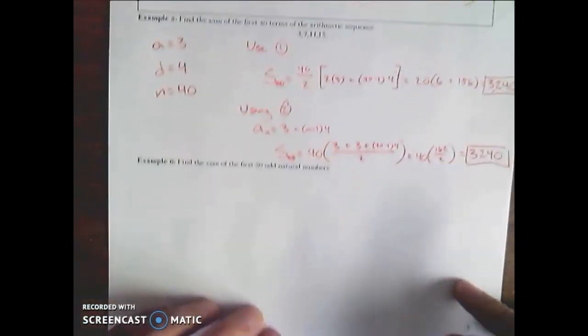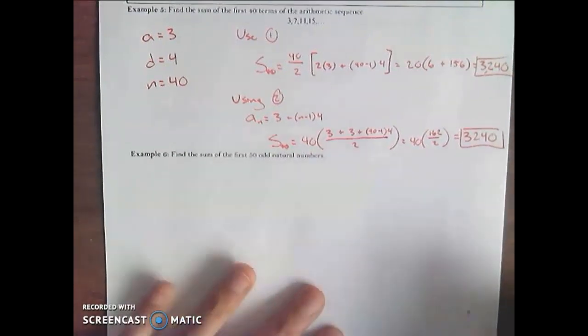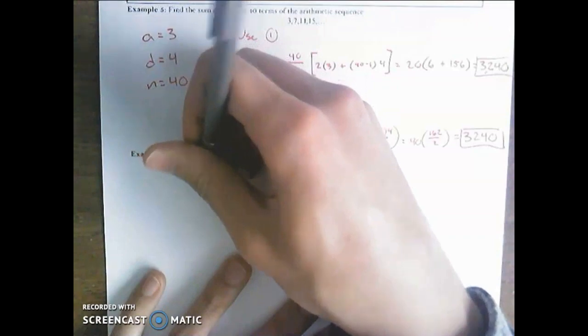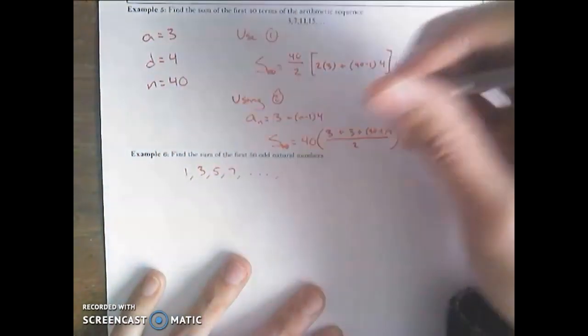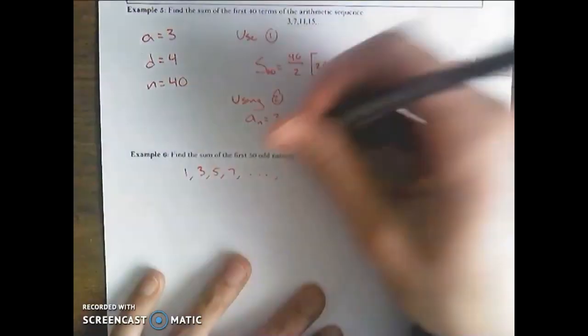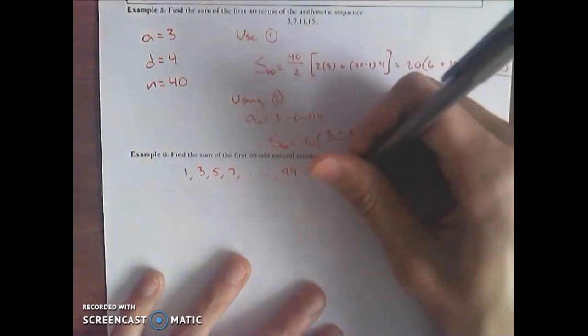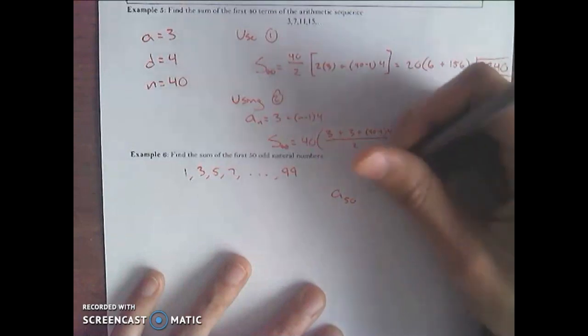Okay. Let's try example 6. Find the sum of the first 50 odd natural numbers. So writing out just a list, we've got 1, 3, 5, 7, 9, 11, 13, and so on. And the first 50 would be all the way up to 99. If you weren't sure how to get that, you can always find the 50th term of the natural odds.